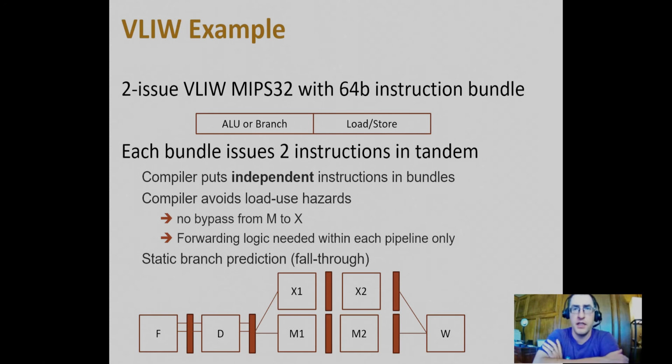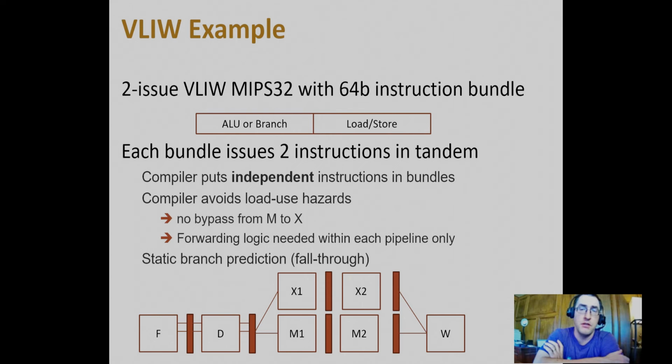Let's look at a VLIW MIPS 32 machine. The idea here is that we're going to have a 2-instruction bundle with a 2-issue VLIW machine. So we'll have 64 bits in our bundle, and our bundle is going to have 2 slots. One slot for ALU or branch instructions, and the other slot for load and store instructions.